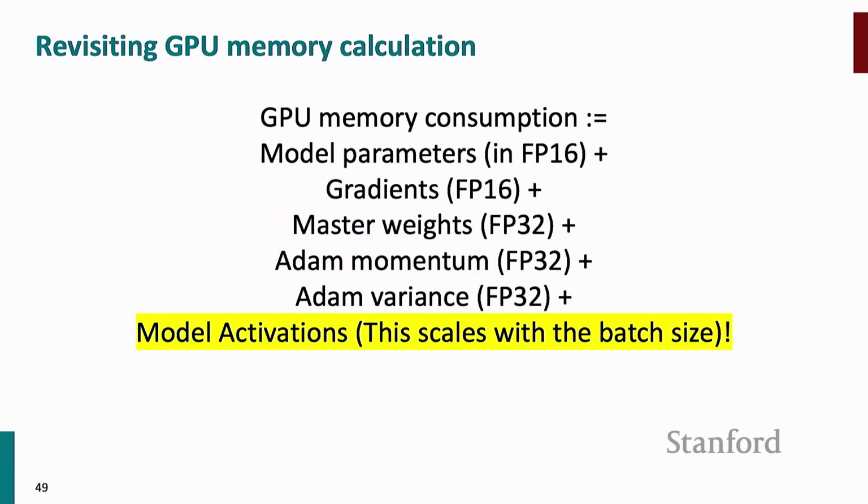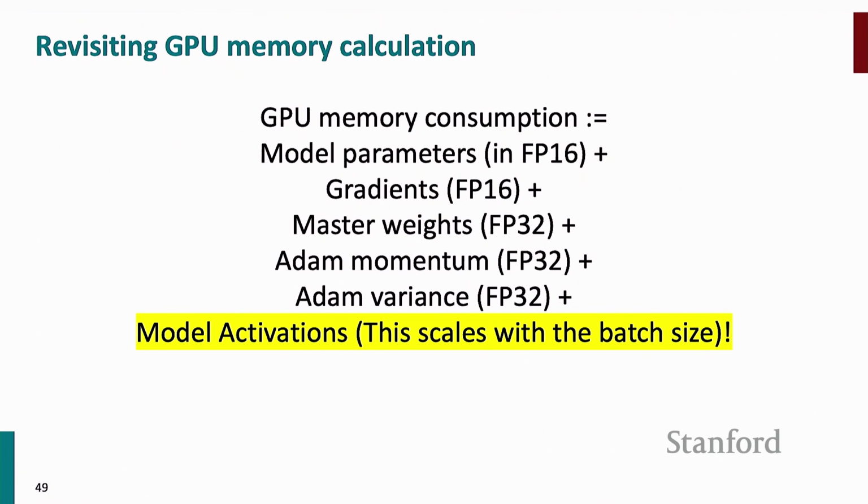Okay, cool. So I'm going to fix the lie that I said earlier about the GPU VRAM calculation. I said that there's just model parameters and gradients and the optimizer state, but there's this final thing, the model activations. We've all seen that as you increase the batch size, there's a point when the GPU says that it can't fit more stuff.